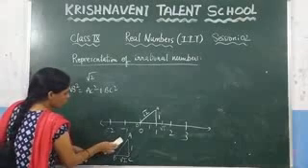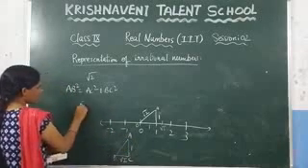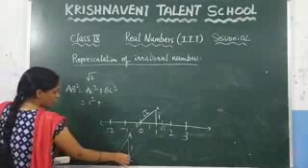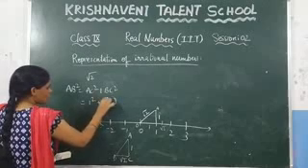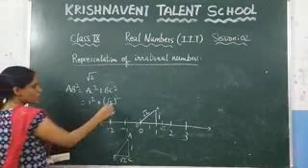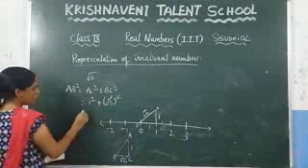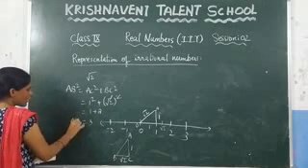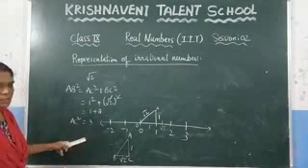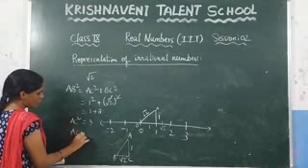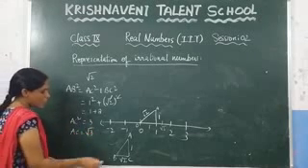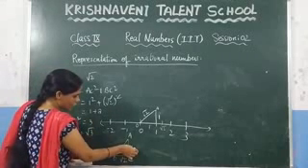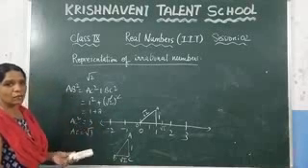So what is the value of AC squared? Which is nothing but 1 squared. And what is the value of BC? Which is nothing but root 2 whole squared. You know that this square and this root will get cancelled. You will get 1 plus 2, which is nothing but 3. You are getting the value of AC squared as 3. What is the value of AC? Which is nothing but root 3. That means if you take the other two sides as root 2 and 1, you are getting the hypotenuse as root 3.